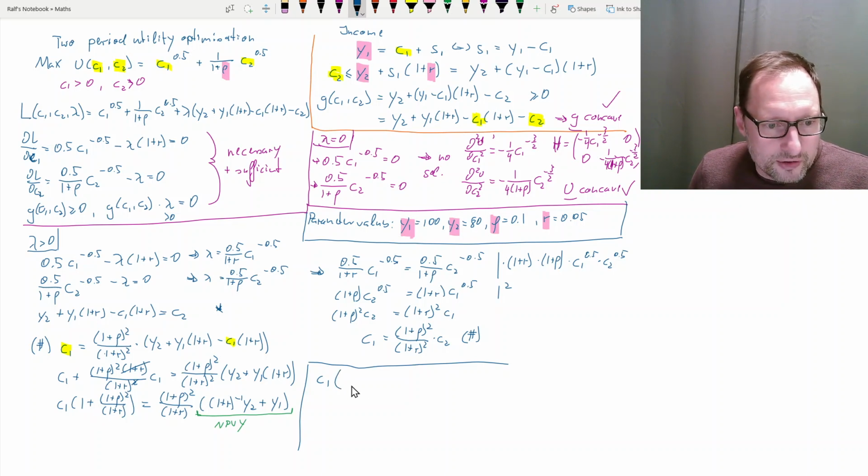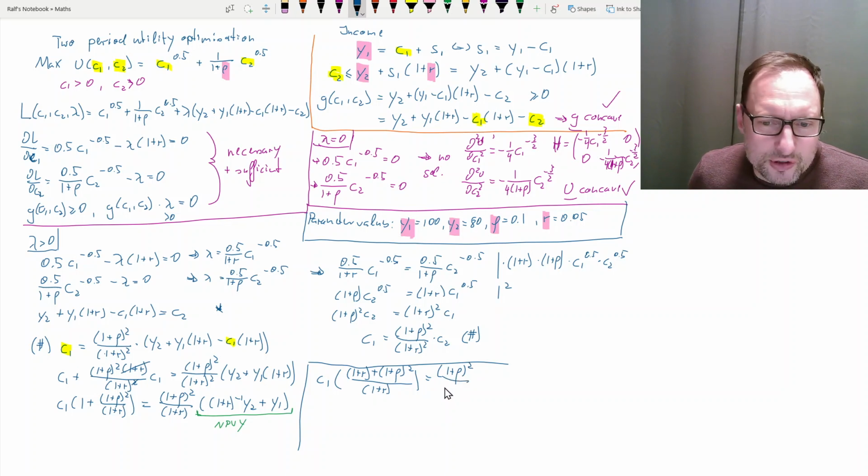Instead of (1+ρ)² over (1+r), I'm expanding that first term, and then we are getting (1+r) plus (1+ρ)² divided by (1+r), times c1, and that is (1+ρ)² times (1+r) times NPV y, the present value of y.